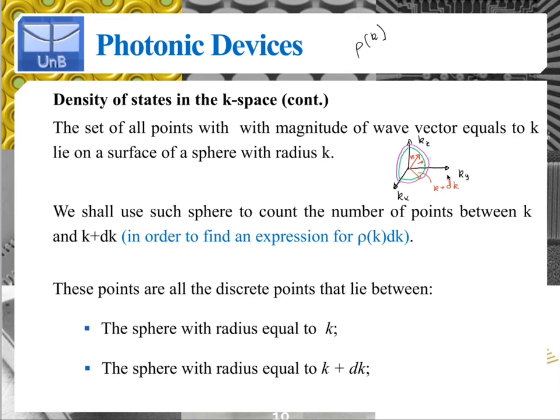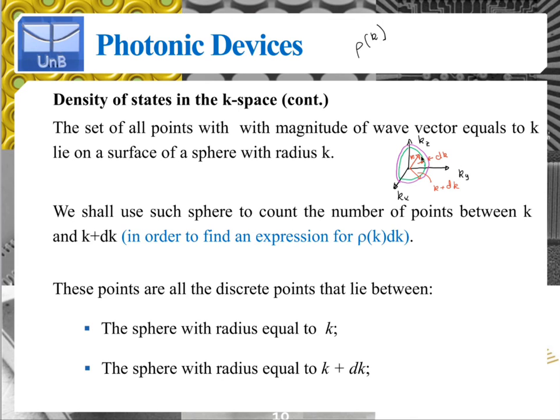So the shell has the thickness equal to dk, and it's actually a solid, a volume, it's not a surface. Between the inner sphere in green and the outer sphere in purple, you have an actual solid that occupies a volume in the k space, okay?